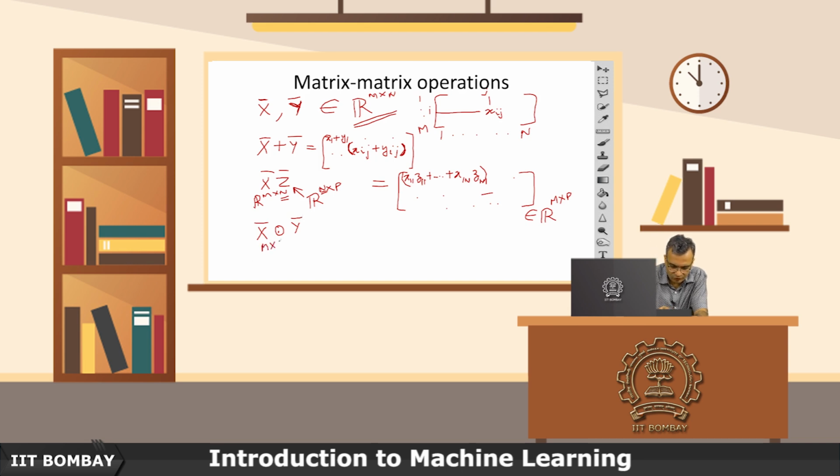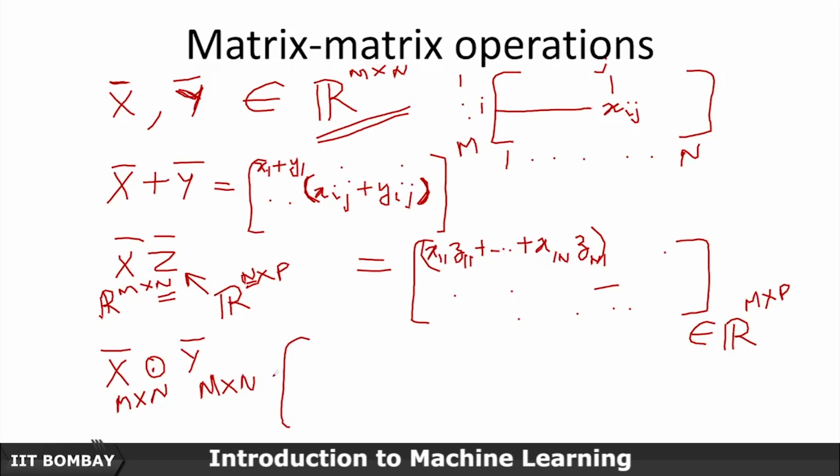So if this is m cross n, this Y also has to have dimension m cross n, and what we have is simply an element wise product, which would be x_11 times y_11 here, all the other elements, and the last one would be x_mn times y_mn. So this also belongs to R to the power m cross n.